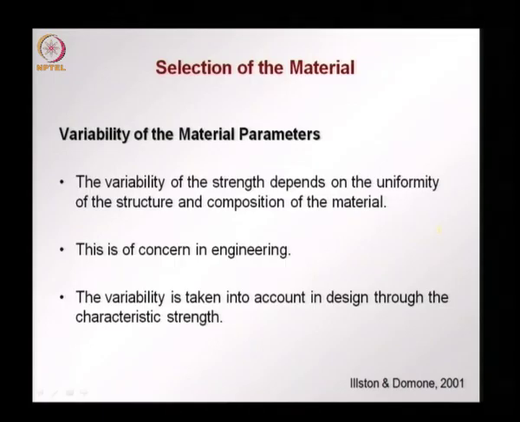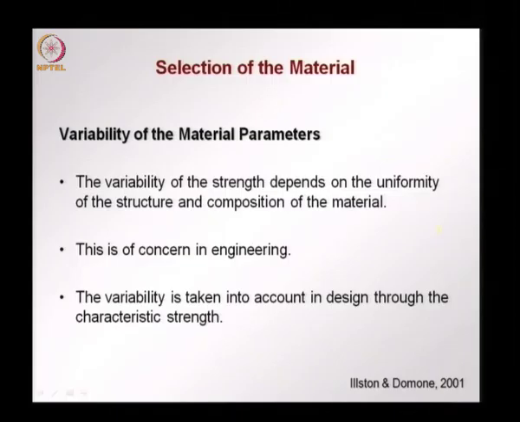And when we talk here about variability, what I mean is that if I take several samples of the same material, what would be the scatter in test values that I will get between these several specimens. This is of great concern in engineering, because we want to get a certain value that should be used in design.